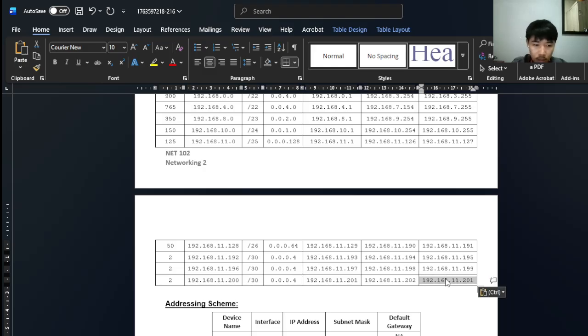Here is increase by 1, so 203. This decrease by 1, so 202.